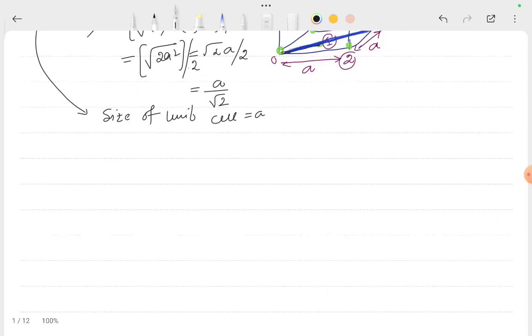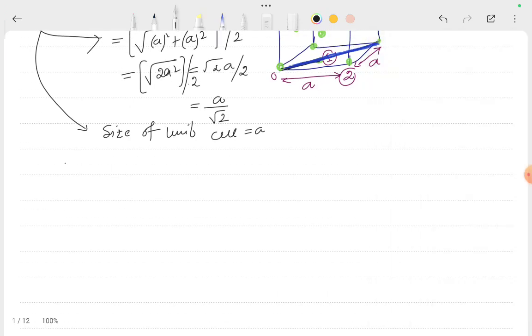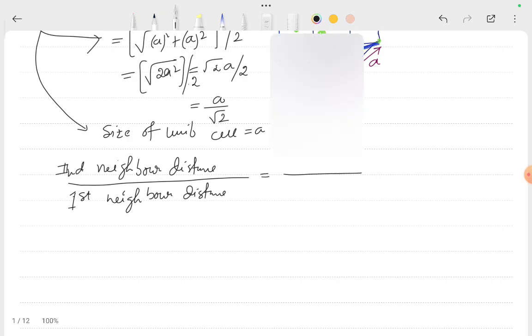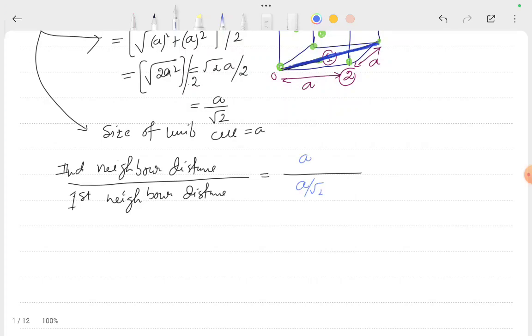The second near distance is a and the first near distance is a upon root 2, so the ratio is equal to root 2.